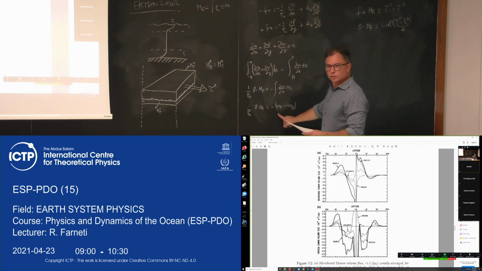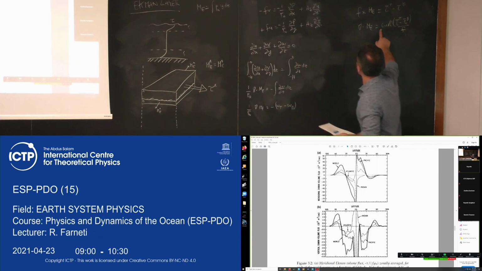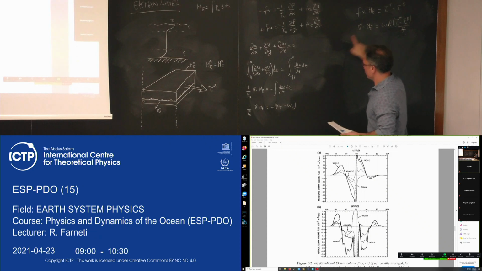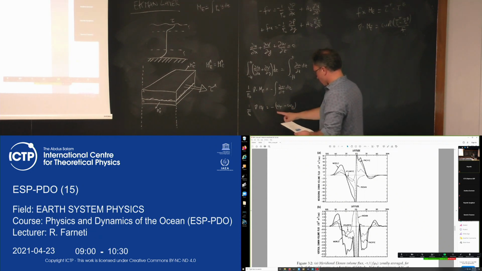And so if you look at the continuity equation using the mass transport and then this equation taking the curl, then you see this that we're going to use equal 1 over rho, so taking this curl of tau top minus tau bottom over f.